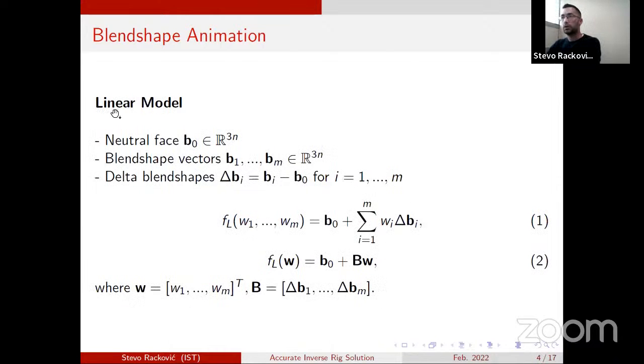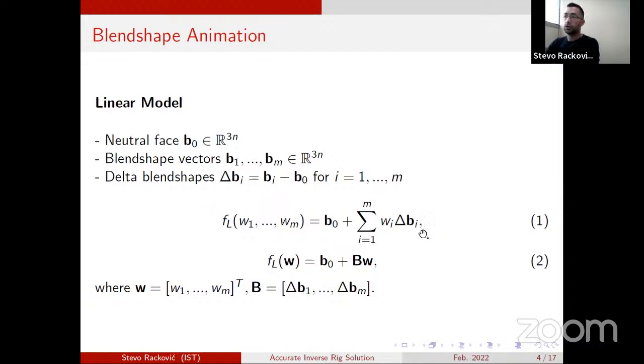How does this work? When we have these blend shapes, the vectors of the neutral face and the vectors for each of the deformations, we first extract deltas, which are in fact the offsets between the neutral face and one of the blend shapes. Now in the linear model of the blend shapes, we simply take the neutral face and add those deltas, those offsets, on top of it.